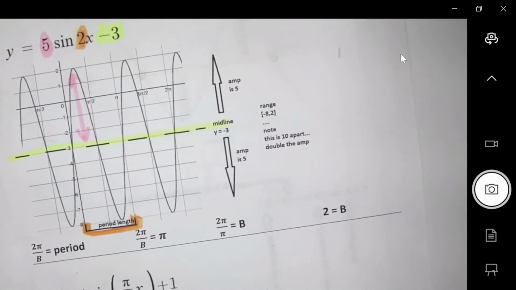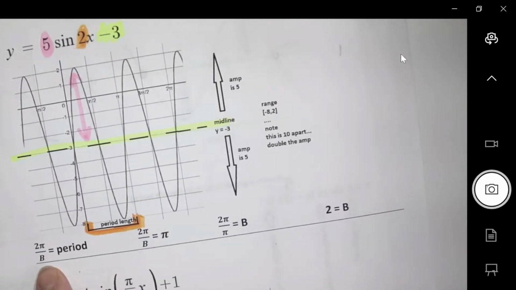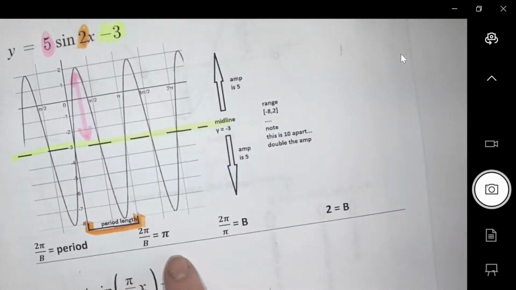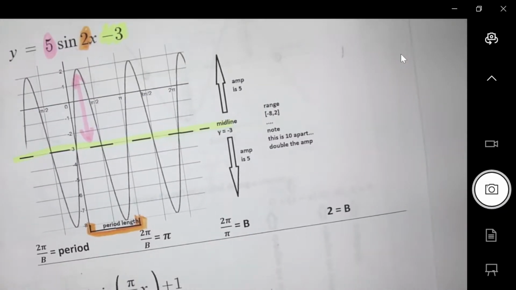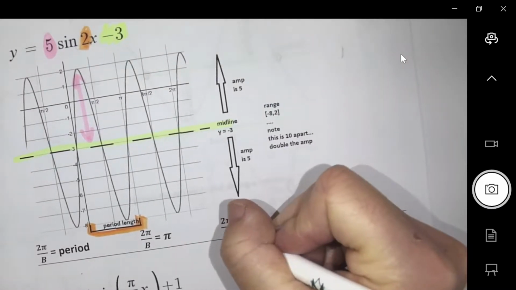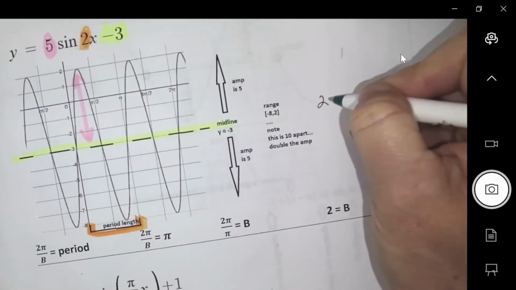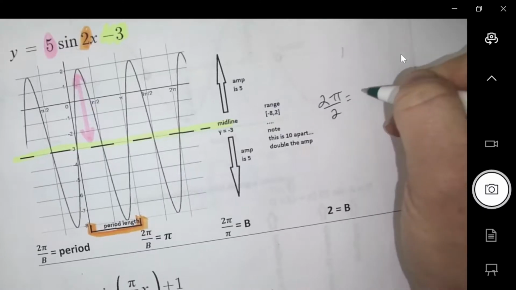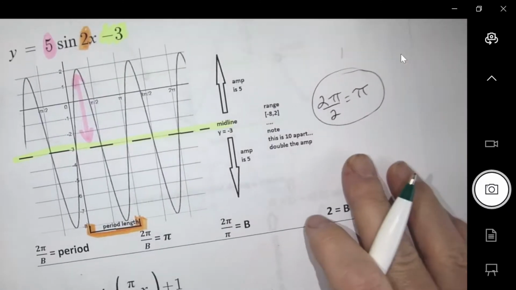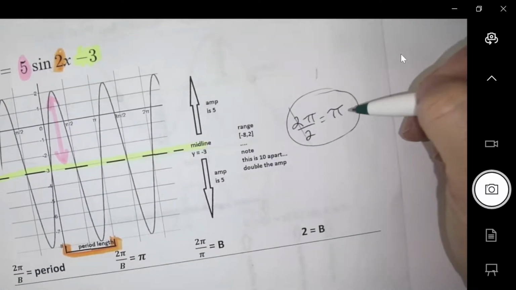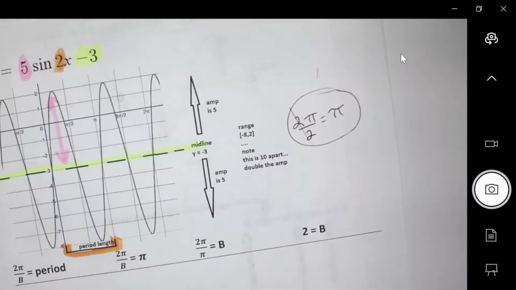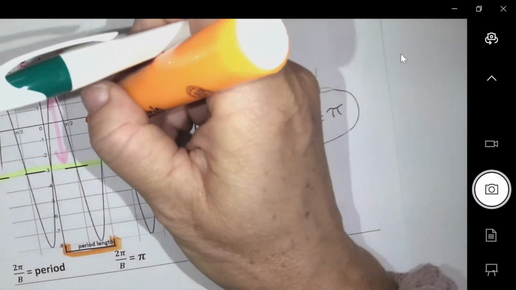So here's what happened. 2 pi over b. And now if I do 2 pi over 2, I should have done that the other way. 2 pi over 2 means my period is only pi now.